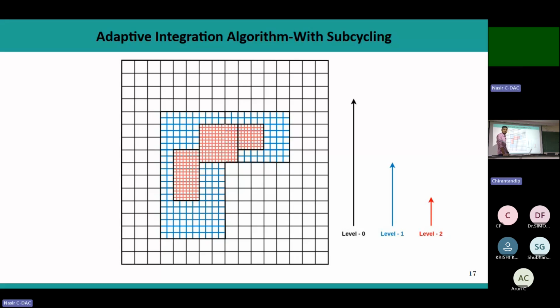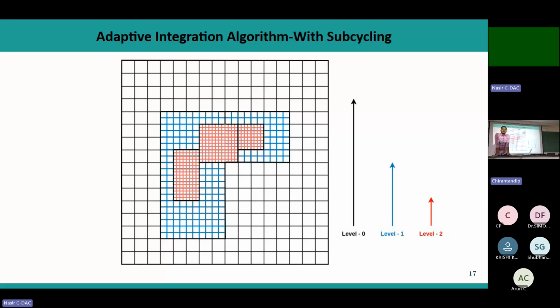Yes, independently, because you don't have information exchange. All integration is independent. How does it get back from finer to coarser? You do some sort of matching. But you don't have that information at that time, at level 2.